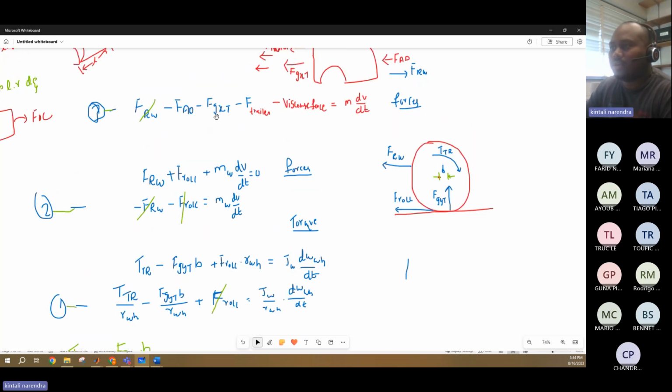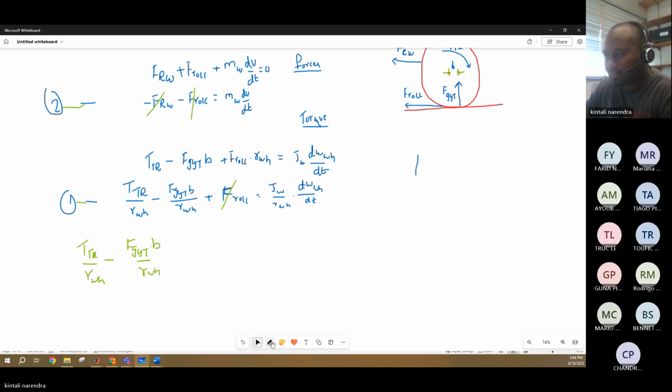And here we have FAD, FGXT, F trailer, and viscous force: four forces. So minus FAD, minus FGXT, minus F trailer, minus viscous force.